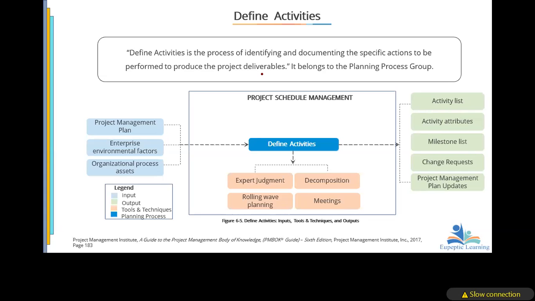Then, the enterprise environmental factors. We should note that the project management plan has the scope baseline. The scope baseline, remember, is giving us what the entire scope of the project is.